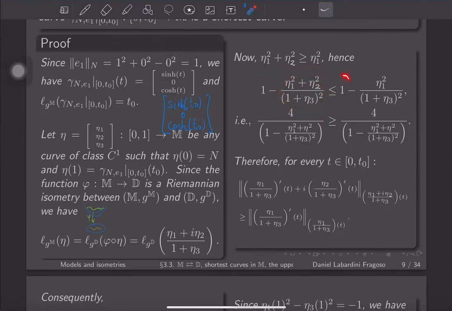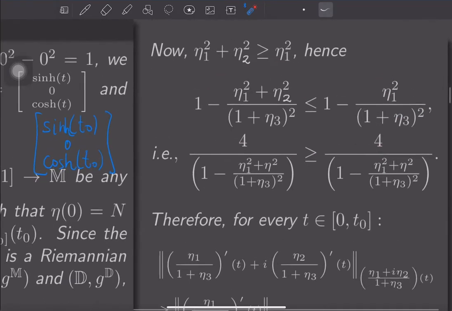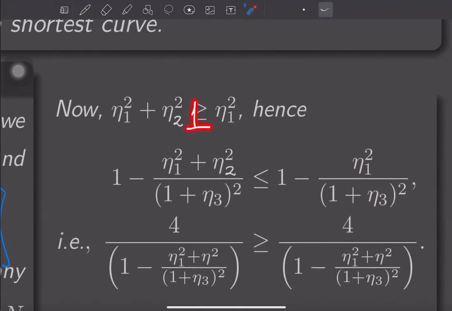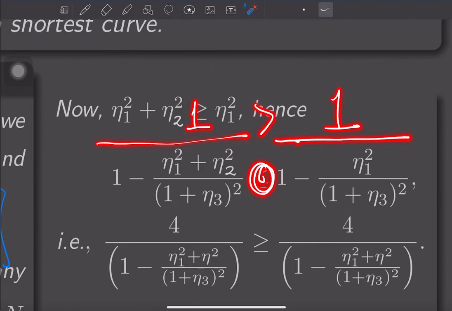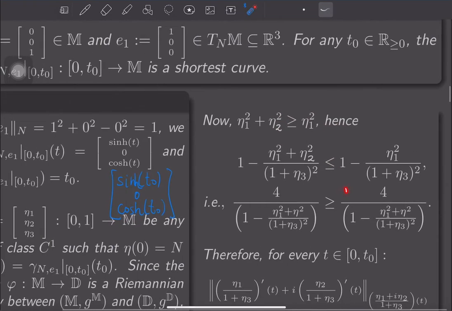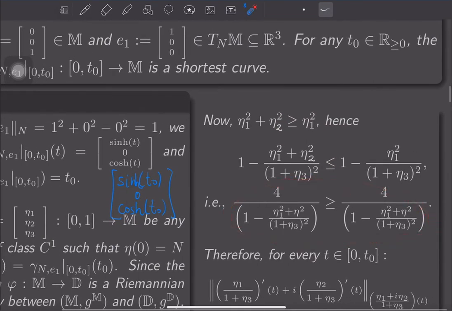Since I'm speaking about positive numbers, when I take their inverses, this inequality is reversed. Then I multiply by 4, and I obtain this inequality.